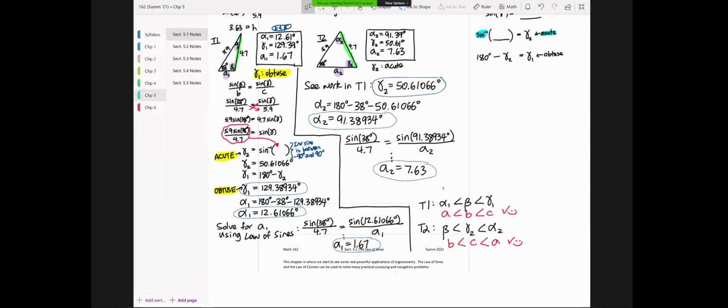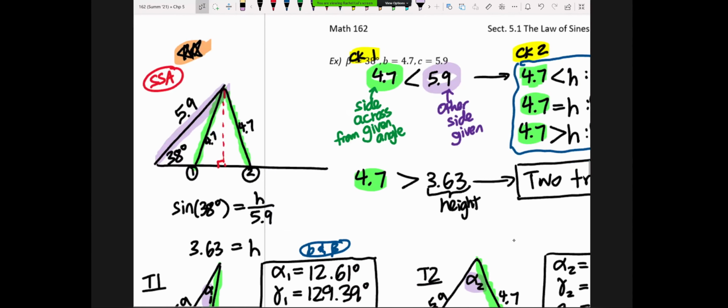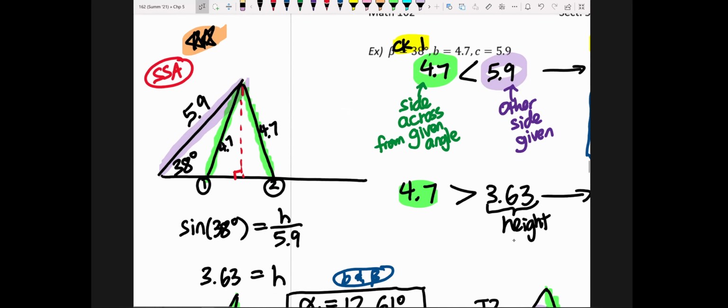Okay, students. So going back, who was asking the question about triangle 2? Me, Stephanie. Okay. Yeah, let's go back up here to the first image. So this one is triangle 1.